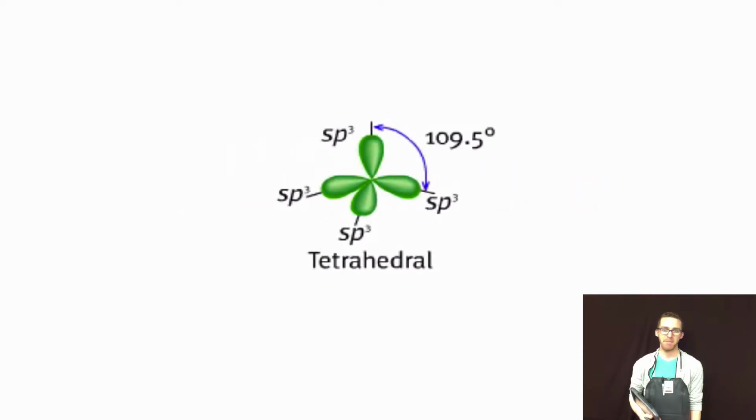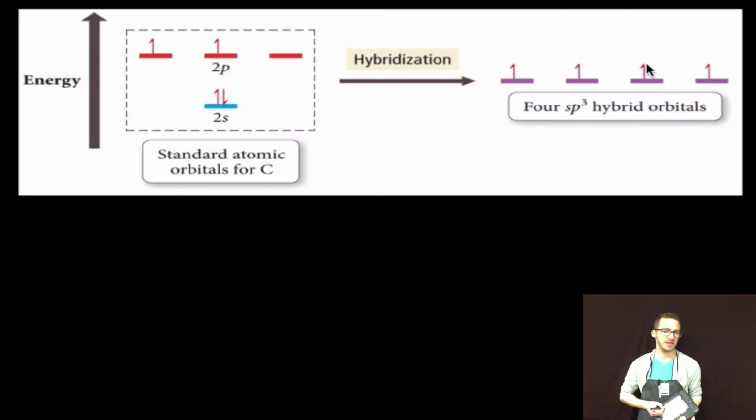Magic! And recognize that it's the hybrid orbitals that account for those geometries that we see in the molecule. sp3 hybridization gives us that tetrahedral shape. Take a moment, study this image that's in your notes. For sp3 hybridization, you're combining an s and 3 p orbitals to form a total of 4 sp3 hybrid orbitals.